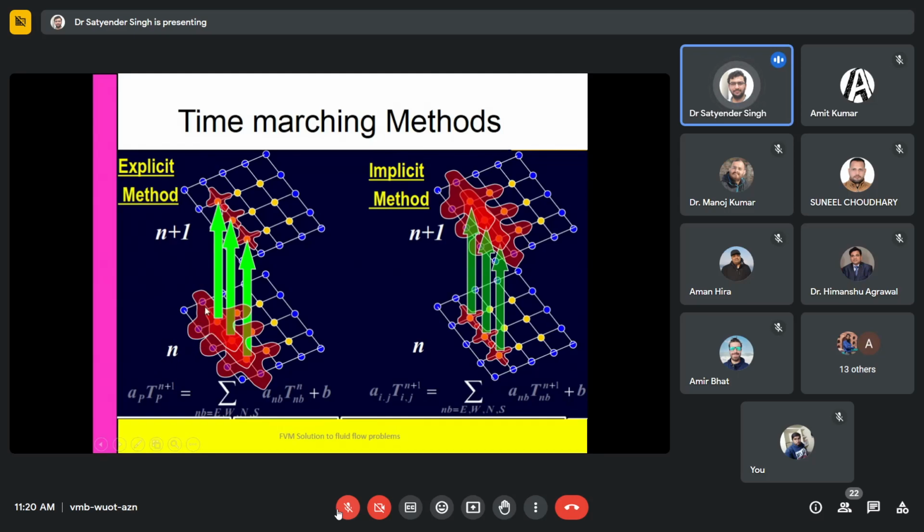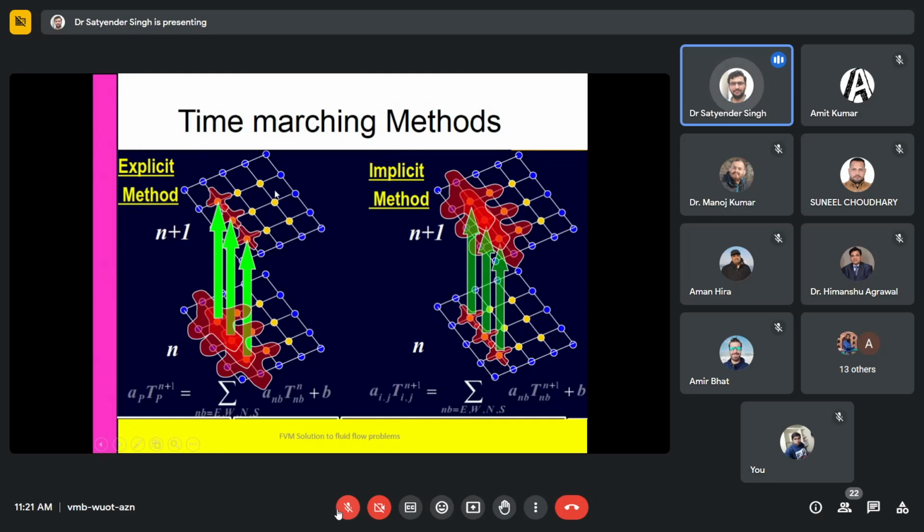So in the explicit method, we involve 5 values from the neighbor nodes and then find one value at the next time level. Likewise, for the next neighbor grid, again we have to utilize 5 grid values at the previous time level, and then we obtain a single value at the next time level.